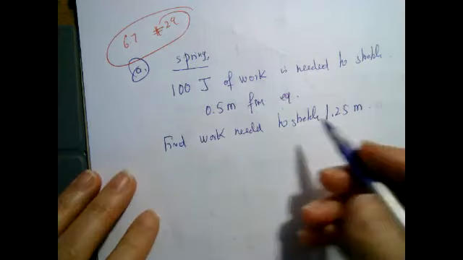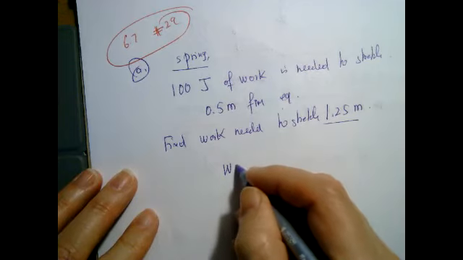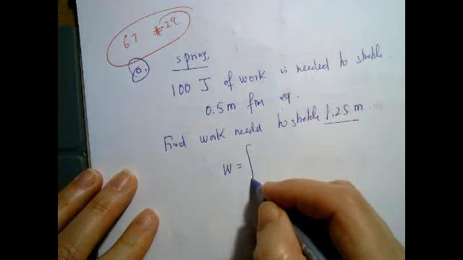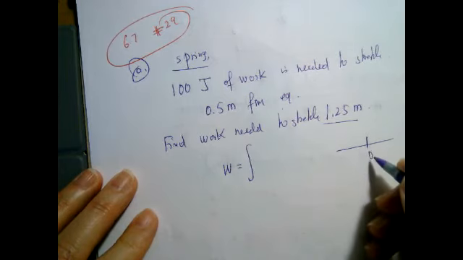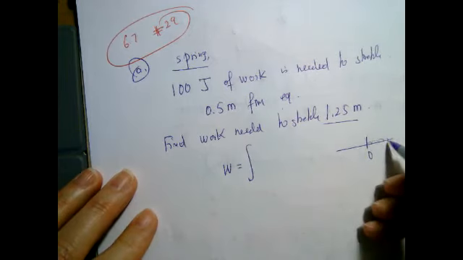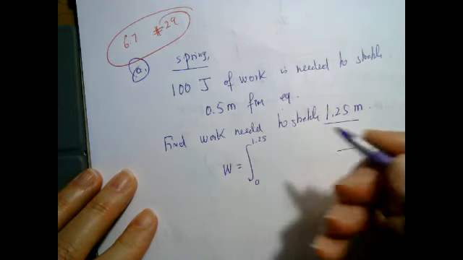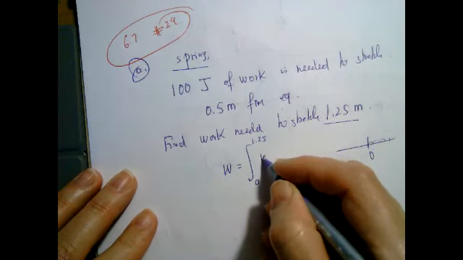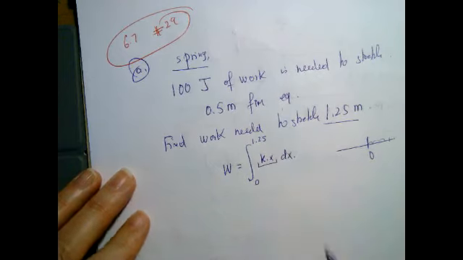To find the work to stretch 1.25, the work is nothing more than the integral. I want to stretch it 1.25 from equilibrium, so it's the integral from 0 to 1.25 of the force. Since it's Hooke's law, the force has the form kx dx.